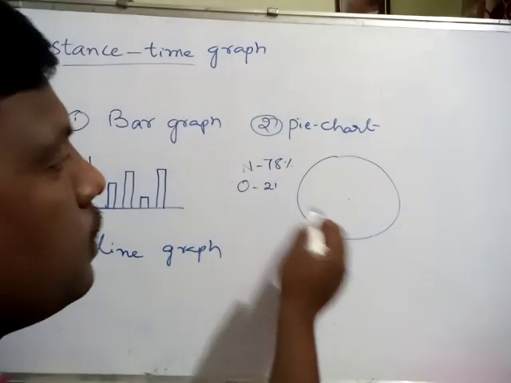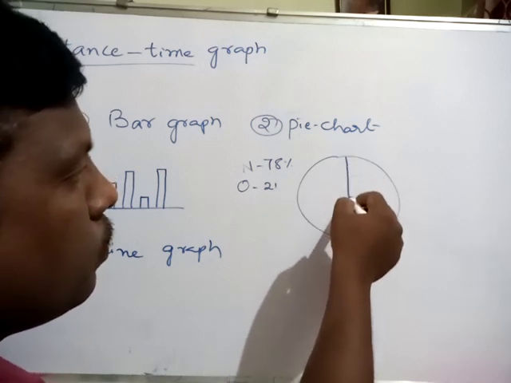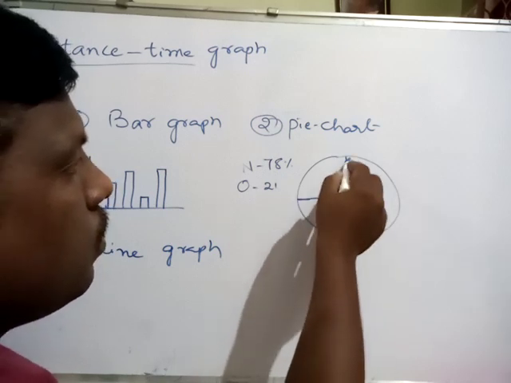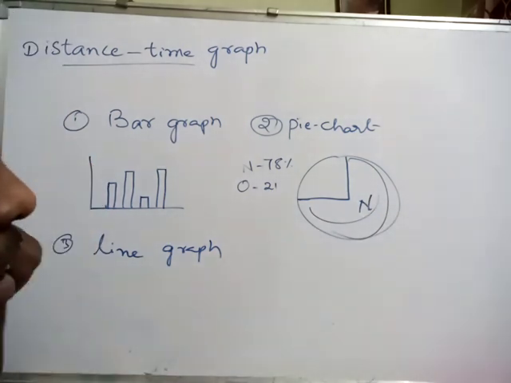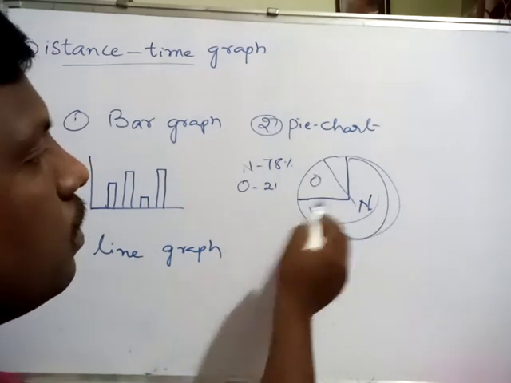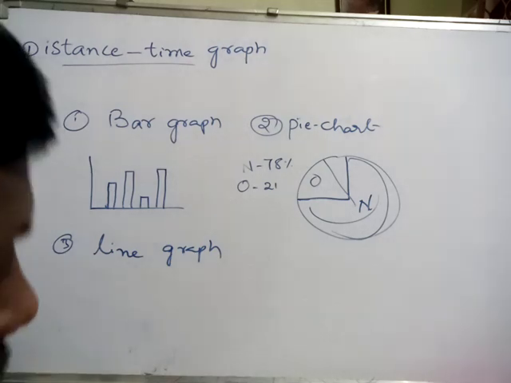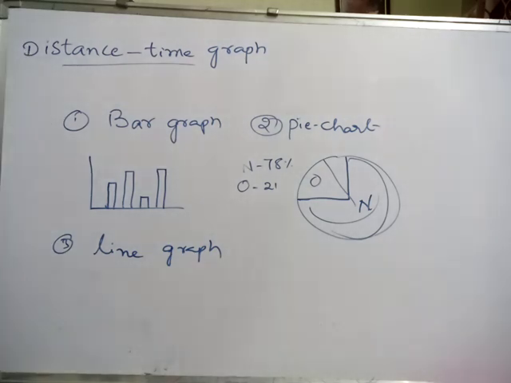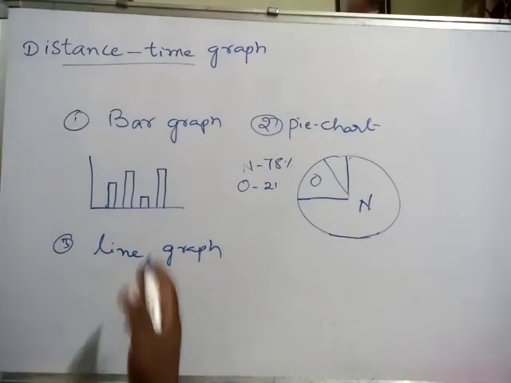Then see, the majority of the space will be occupied by nitrogen only. See, this is all nitrogen, so you can write N, and the remaining is oxygen, and the remaining portion is other gases, carbon dioxide, etc. So this type of graphs are called pie charts. In mathematics you know very well about these types of graphs.